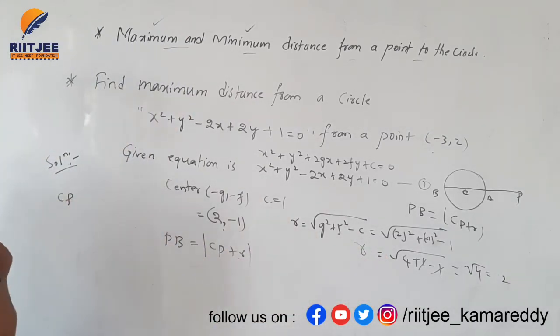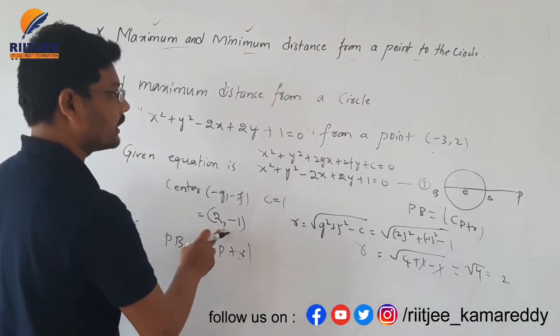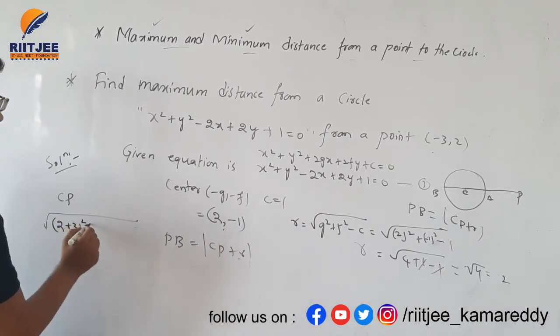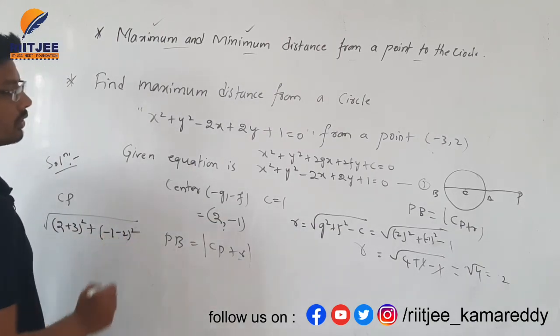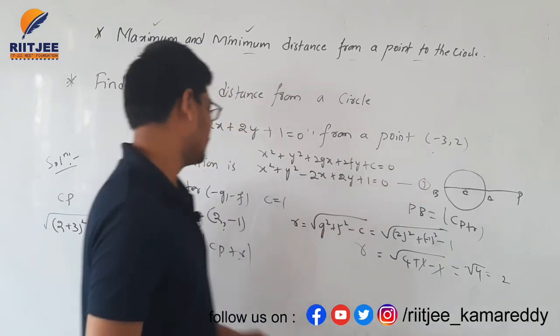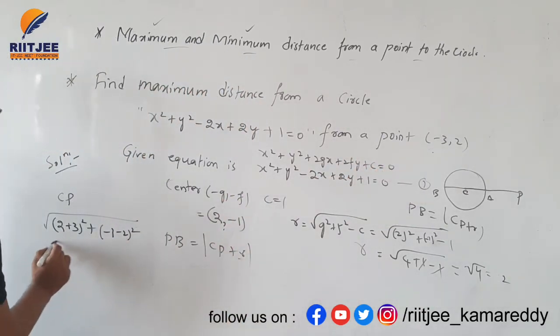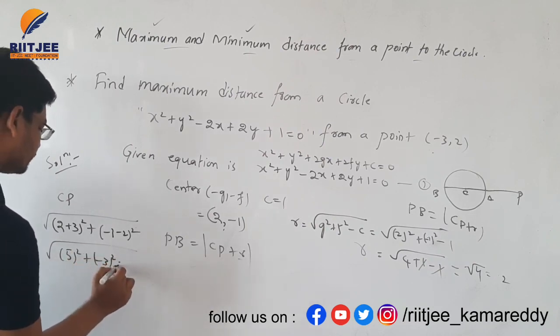The distance of CP is square root of x2 minus x1 whole square plus y2 minus y1 whole square. Here 1 minus minus 3, that is 1 plus 3 whole square, and minus 1 minus 2 whole square. Minus 1 minus 2 is minus 3 whole square.